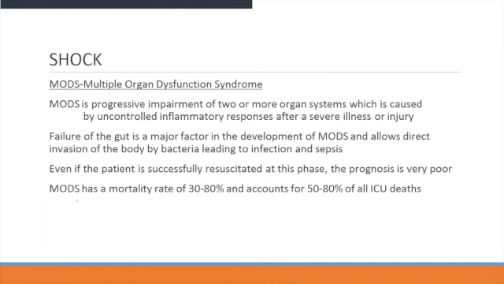Even if the patient is successfully resuscitated at this phase, the prognosis is usually very poor because MODS has a mortality rate of 30 to 80%, and accounts for 50 to 80% of all ICU deaths.